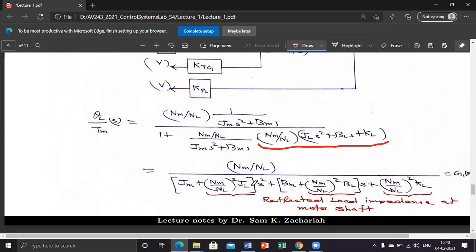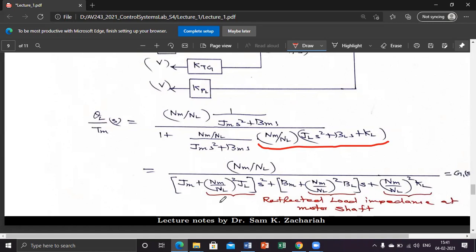JL is the actual load inertia. While we are coupling through the gear, the full value of JL will not directly appear at the motor side, but a reduction is there. This is a quantity which is less than 1.